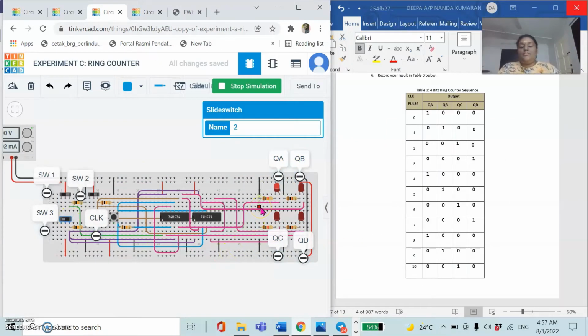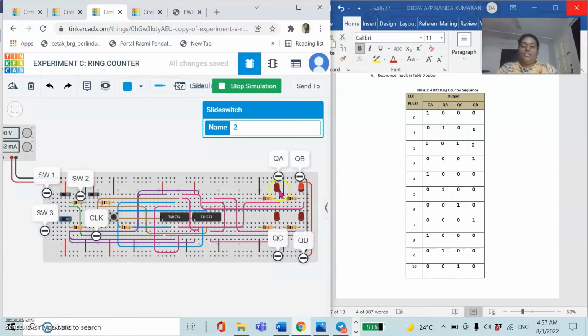Alright, so we are here at the third part, which is experiment C, ring counter. First we need to start the simulation. After that, switch 1 and switch 2 must be on, and make sure QA is 1 and the others all 0. After that switch 3 is on, and this is clock 1.